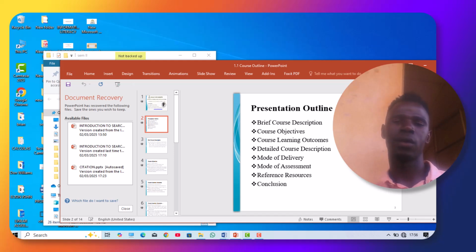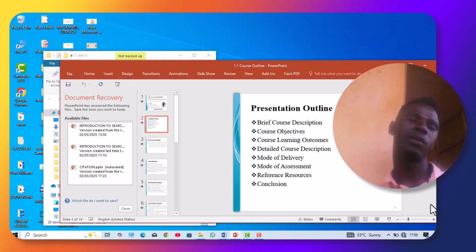The presentation outline, briefly, I can talk about the brief course descriptions, the course objectives, and the course learning outcomes, detailed course descriptions, then the mode of delivery, mode of assessments, referencing resources, then the conclusions.